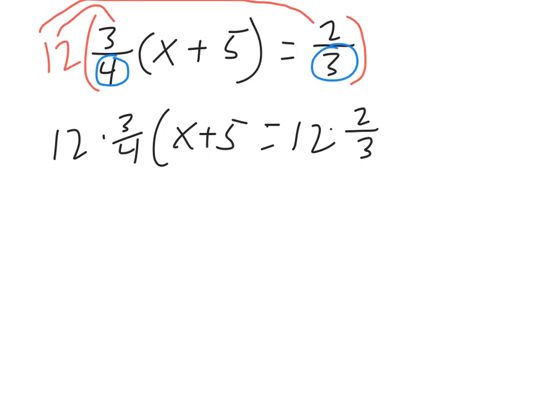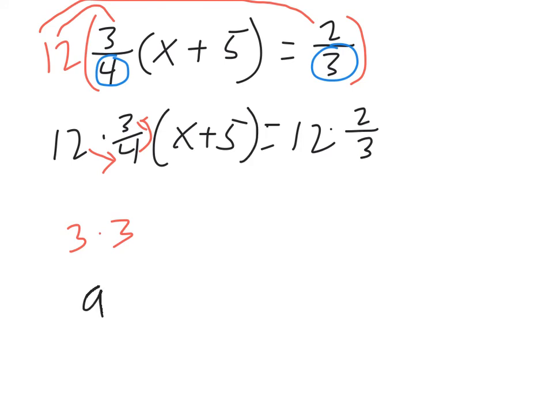So again, make sure to divide by the bottom number first, and then multiply that number by the top. So 12 divided by 4 is 3, and 3 times 3 is 9.